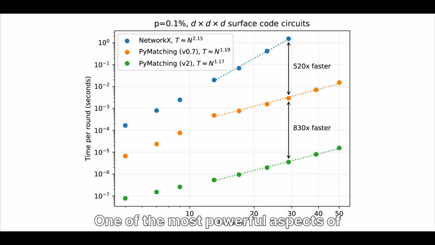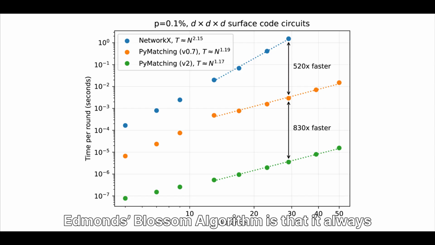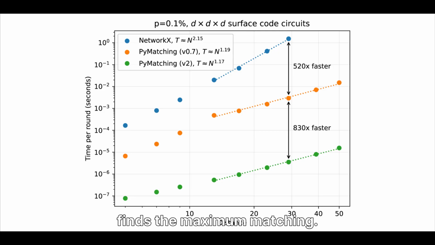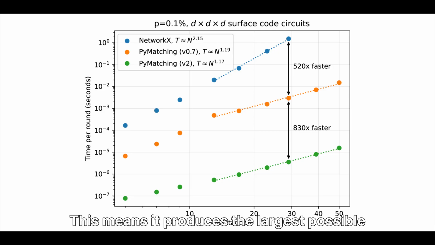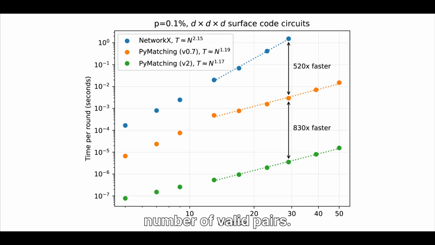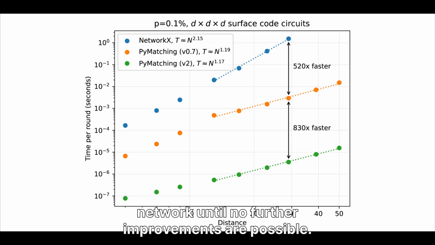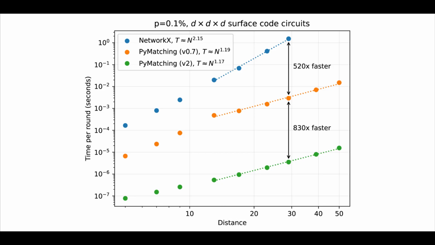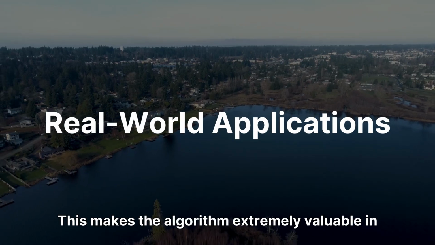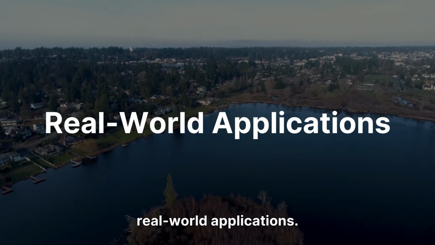One of the most powerful aspects of Edmonds' Blossom algorithm is that it always finds the maximum matching. This means it produces the largest possible number of valid pairs. It does not settle for a local improvement or a greedy guess. It systematically explores the structure of the network until no further improvements are possible. This makes the algorithm extremely valuable in real-world applications.